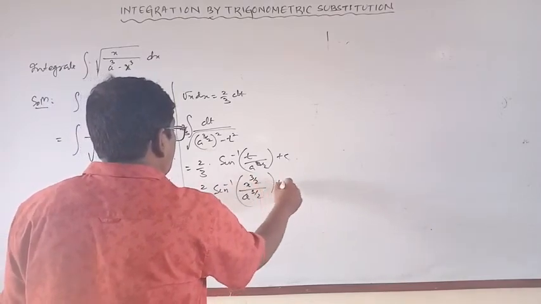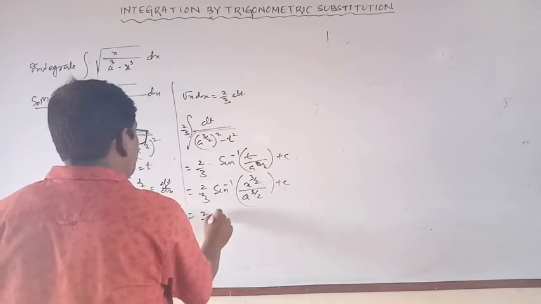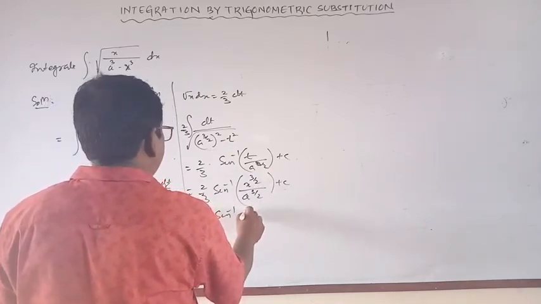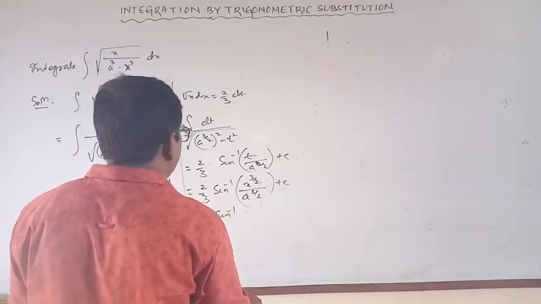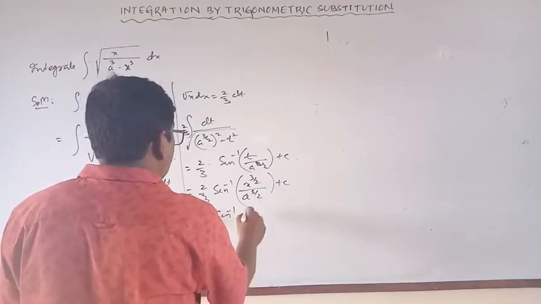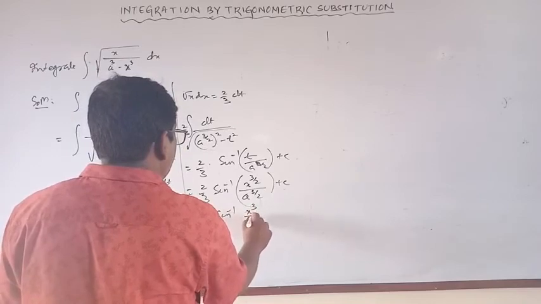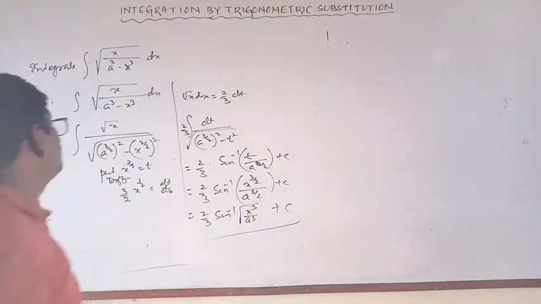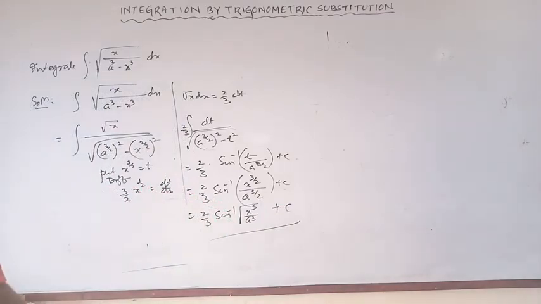So the answer is 2 by 3 sin inverse of x to the 3 by 2 by a to the 3 by 2, plus c. This is the solution of this question.